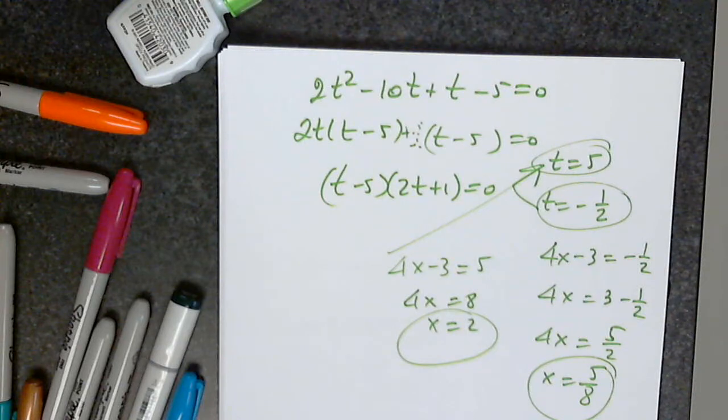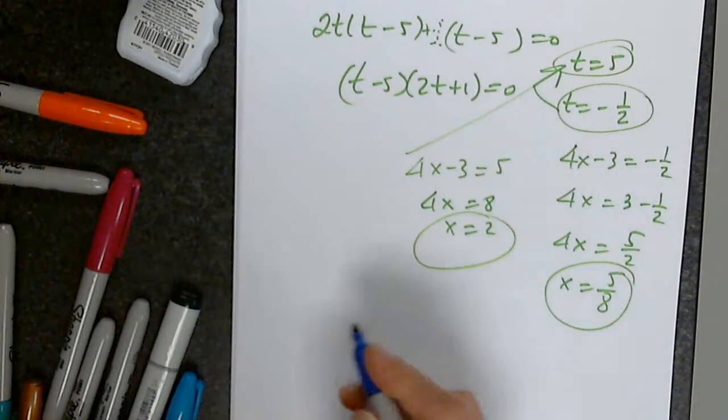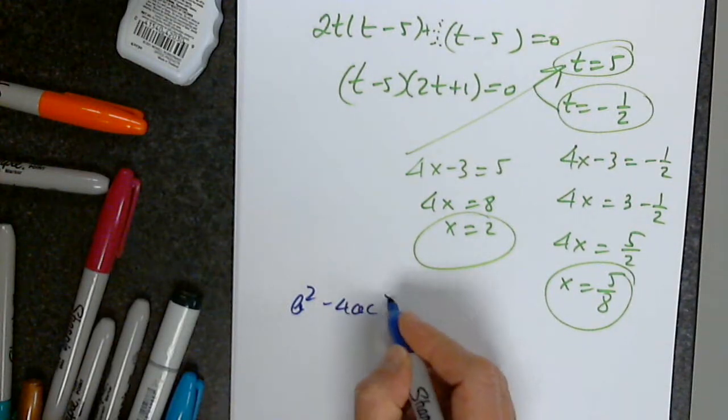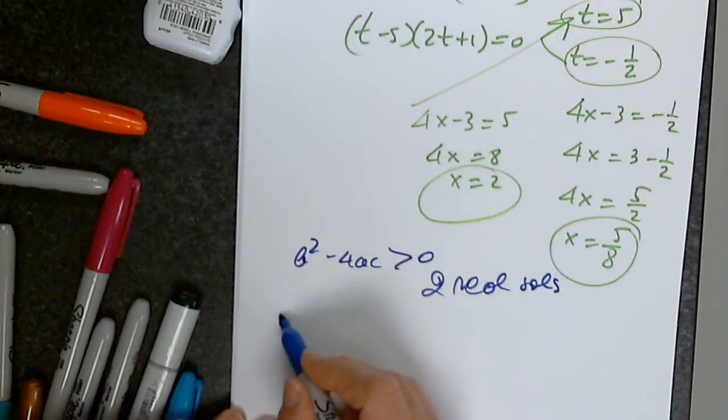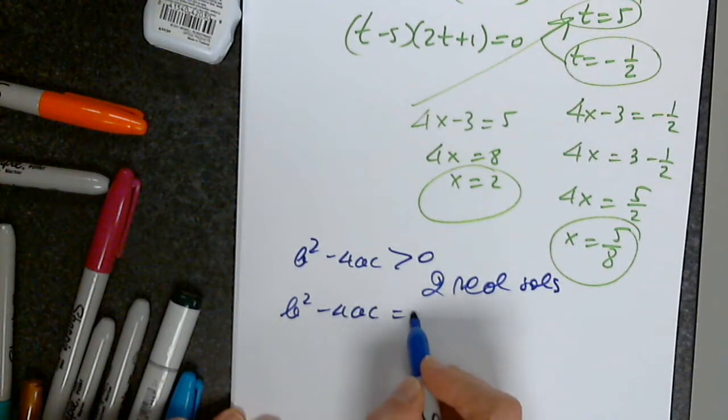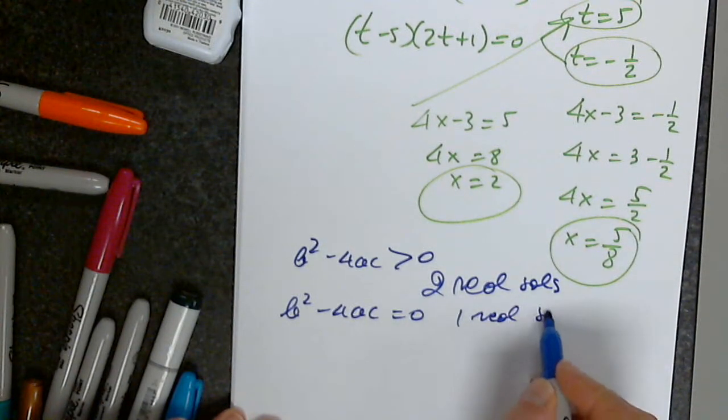So one more time, the discriminant positive. Can you write that down? Sure. B squared minus 4AC greater than 0, 2 real solutions. B squared minus 4AC equals 0, 1 real solution.